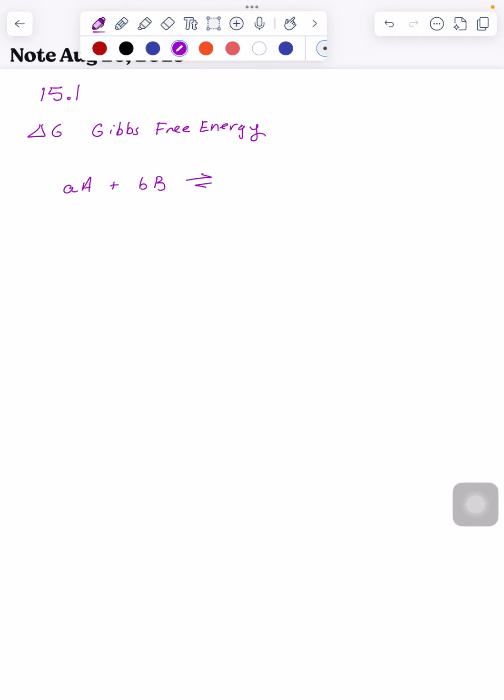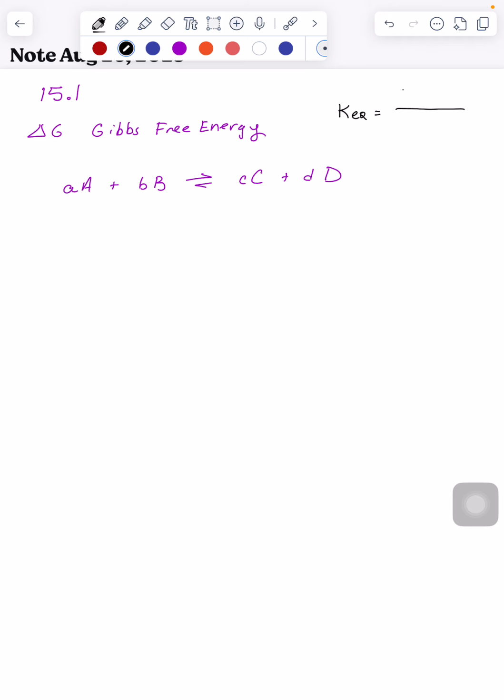So if we have this generic reaction where A and B combine or react and create products C and D, and we have a reversible process, we have interest in understanding the energy difference between C and D and A and B. And remember from earlier chemistry, for a reversible process, we can write an equilibrium expression where we take the concentration of the products raised to their exponents and divide it by the concentration of reactants raised to their exponents.